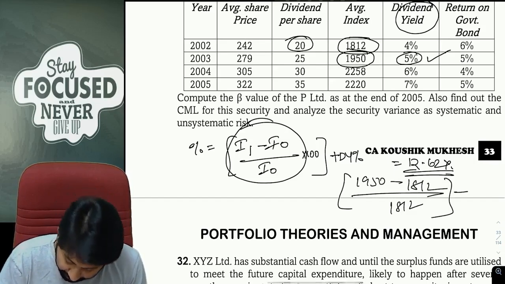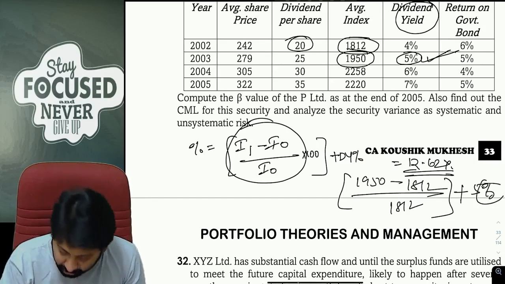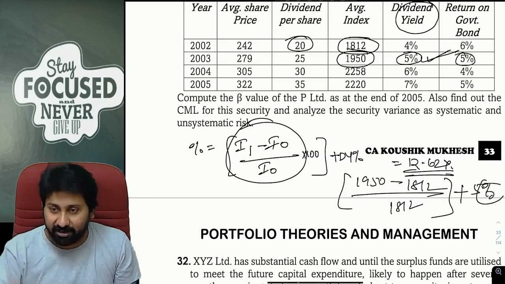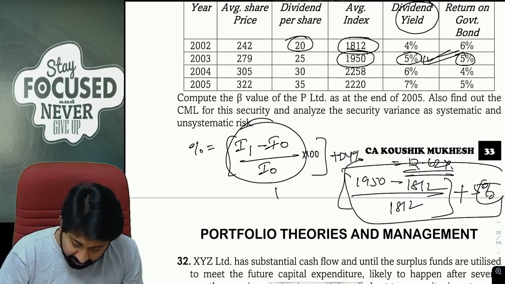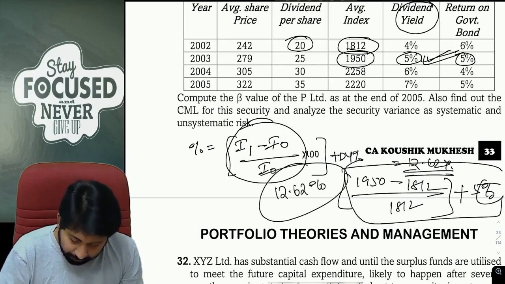One value will come, plus dividend yield percentage 5%. By mistake I showed you this number; I forgot it. So 5% you need to take. So total will be 12.62 percentage.